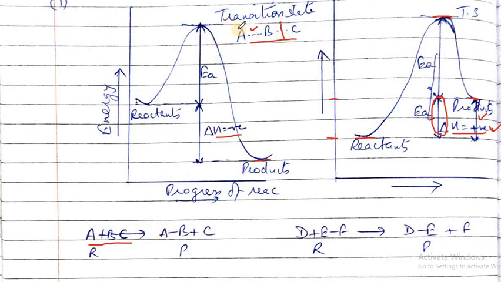Then this bond is formed in the products, AB and C are separated. In this diagram, D plus EF are the reactants shown, and then this bond will be in the formation process and this will be in the breaking process. So we will get DE plus F in the products.